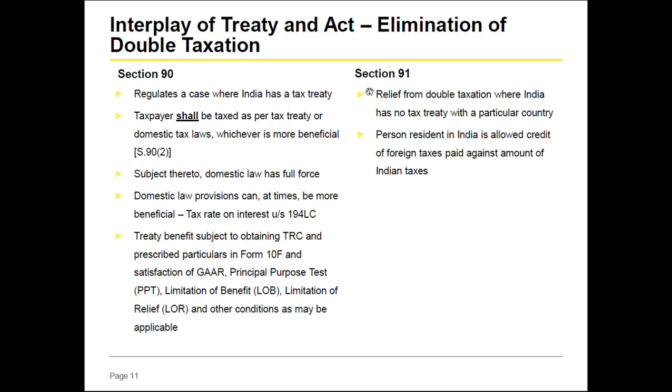A person resident in India is allowed credit of foreign tax paid against the amount of Indian tax. That is, if there is no tax treaty or DTAA, a person can claim the benefit under Section 91.